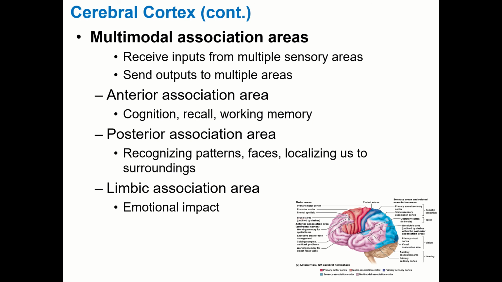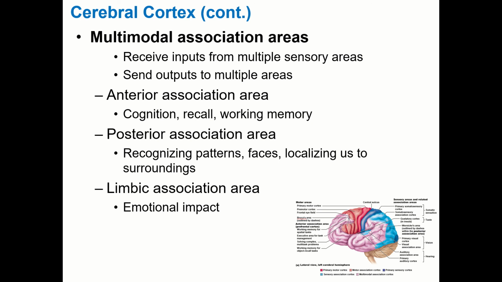You get that basic pattern of light and dark, color and not color, intensity, all that kind of stuff. That goes to the primary visual cortex. That information then gets relayed to the visual association area, where we recognize that this is Jim.